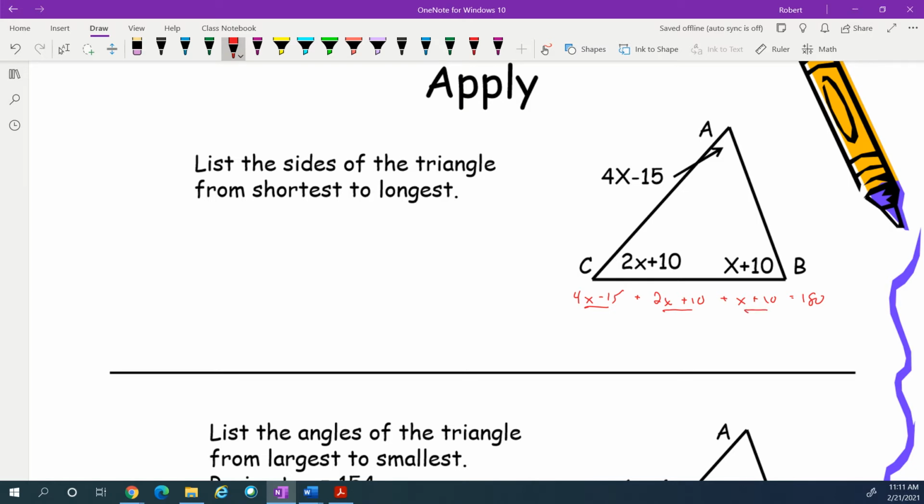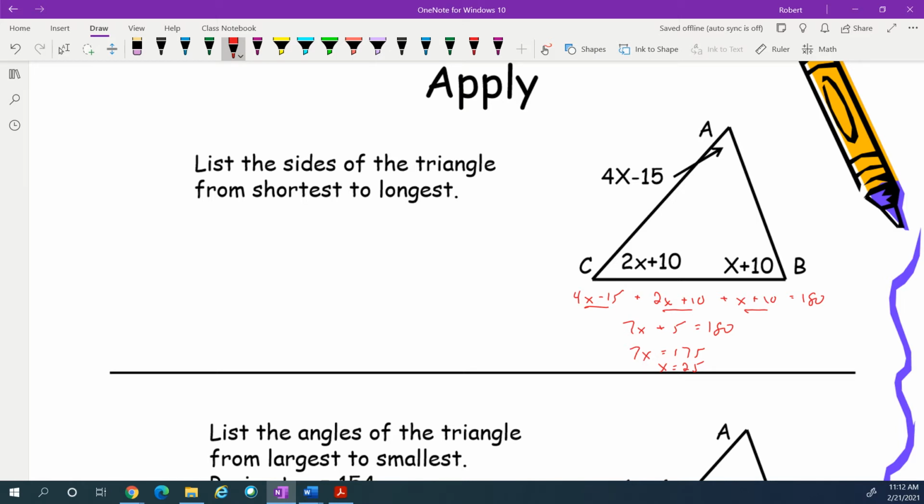So let's work this out. We've got 7x plus 5 equals 180. 7x equals 175 and x equals 25. Well, x is 25, but we need angle measurement, so we're going to plug that back in.